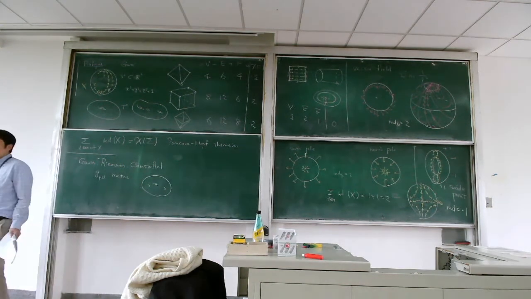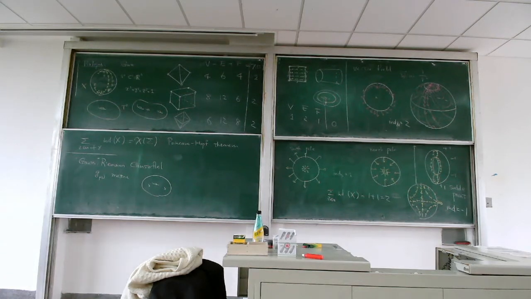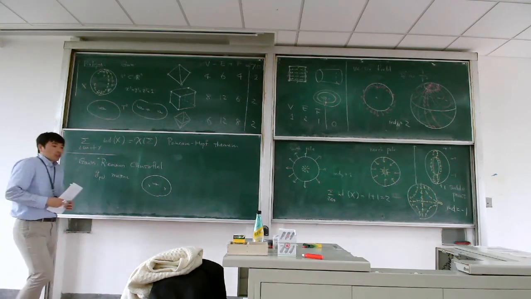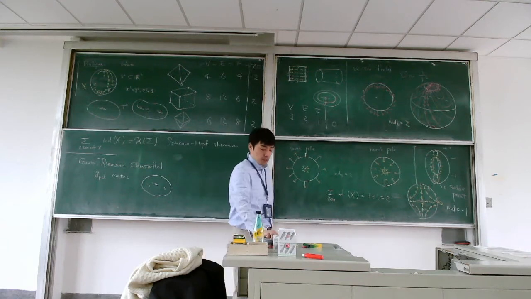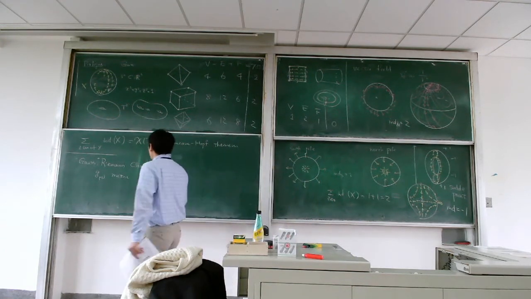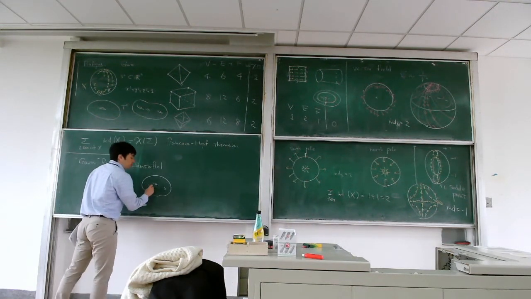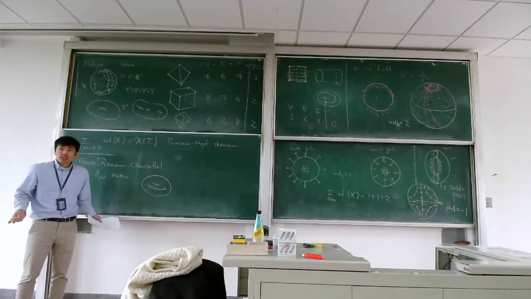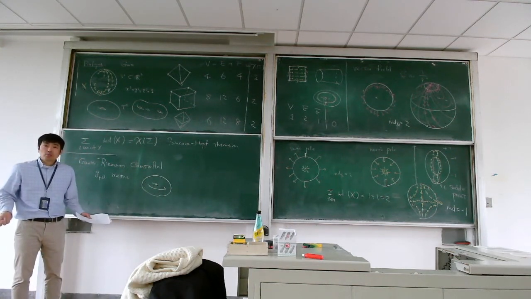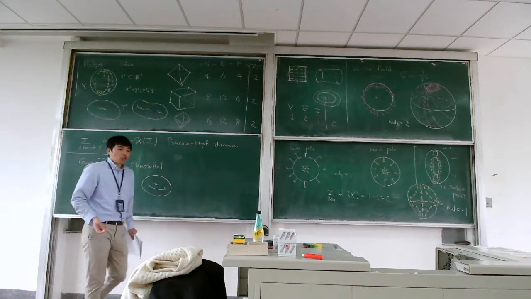If you pick 2 points on the surface, once you introduce the metric, one can measure the distance between them. So that's the notion of a metric.